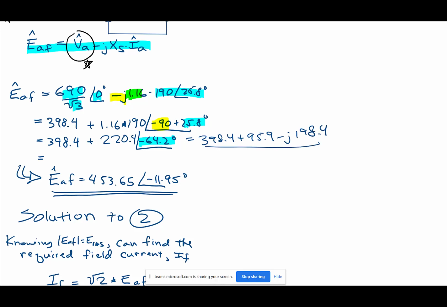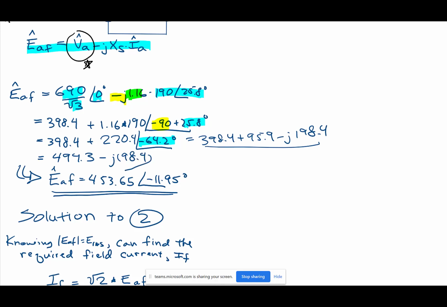Okay, so you got that. Then we can just add everything up together. That's 398.4 plus 95.9, 494.3. And then we're going to have a negative j 198.4.